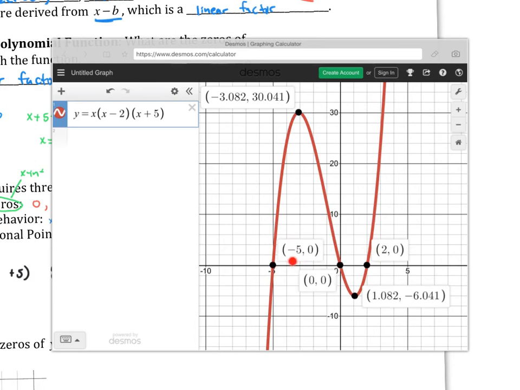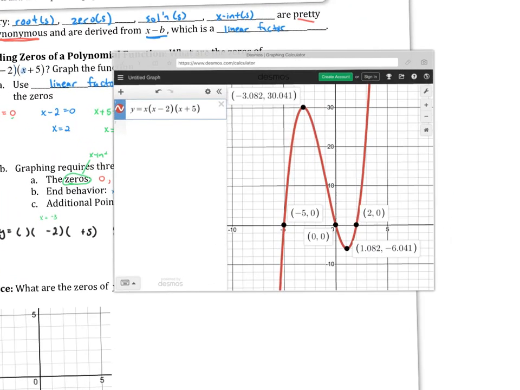Number one, my zeros are correct: -5, 0, and 2. And we notice that at slightly bigger than 1, it goes down lower than -6. So we were pretty good there on that estimate and pretty good here on this estimate. Now we're just sketching it, so we don't have to worry about the fact that this is higher than ours is and in a different place. We're just looking for a rough sketch here.